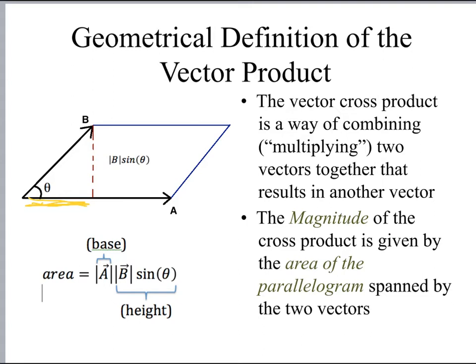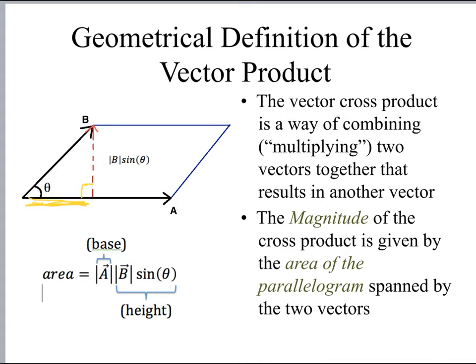But what we're going to do now is the vector product, and its magnitude is given by the base, which in this case would be A, times this red line, which would be the height. That red line indicates the component of B that is perpendicular to A. So rather than taking the parallel component like we did in the scalar product, we're going to take the perpendicular component.